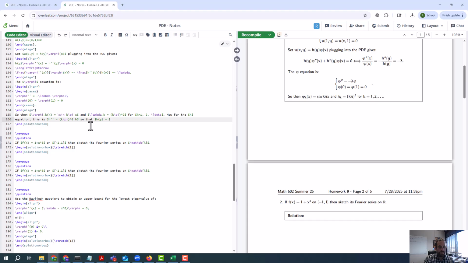This is the first time we've had a second order equation. So h of y is equal to a times e to the k pi y plus b e to the minus k pi y. And since there's a k, I'm just going to put it like this. We're going to see what happens with this in just a minute.